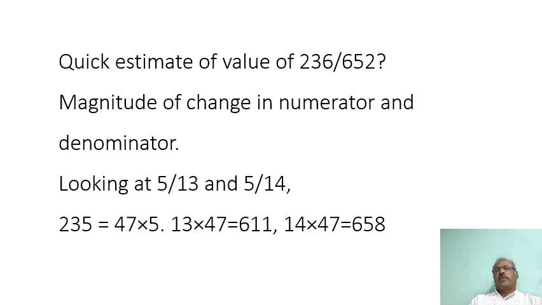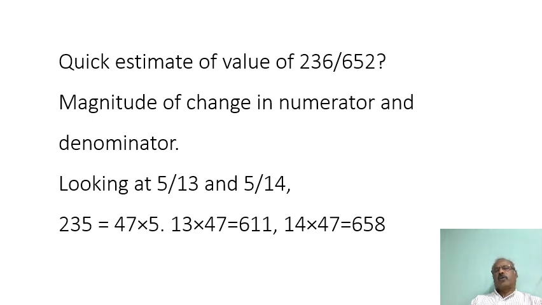We can easily find that 47 times 5 is 235, which is near. Now 13 times 47 gives us 611, and 14 times 47 gives us 658. So 658 is much nearer to 652 than 611 is.